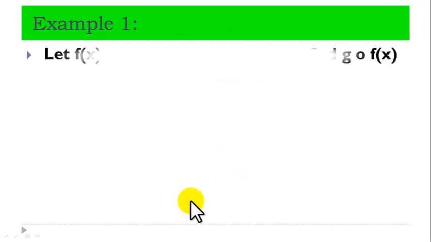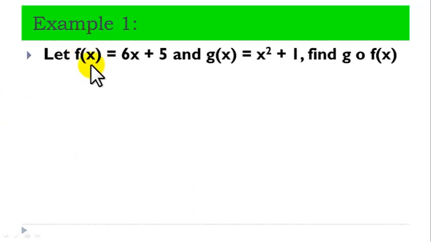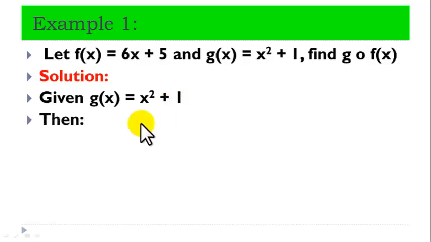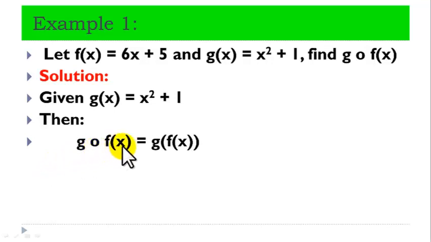Example 1. Let f of x equal 6x plus 5 and g of x equal x squared plus 1. Find g∘f of x. Solution. To find g∘f of x, we have to start with g of x. Given g of x equal to x squared plus 1, then g∘f of x is equal to g of f of x.